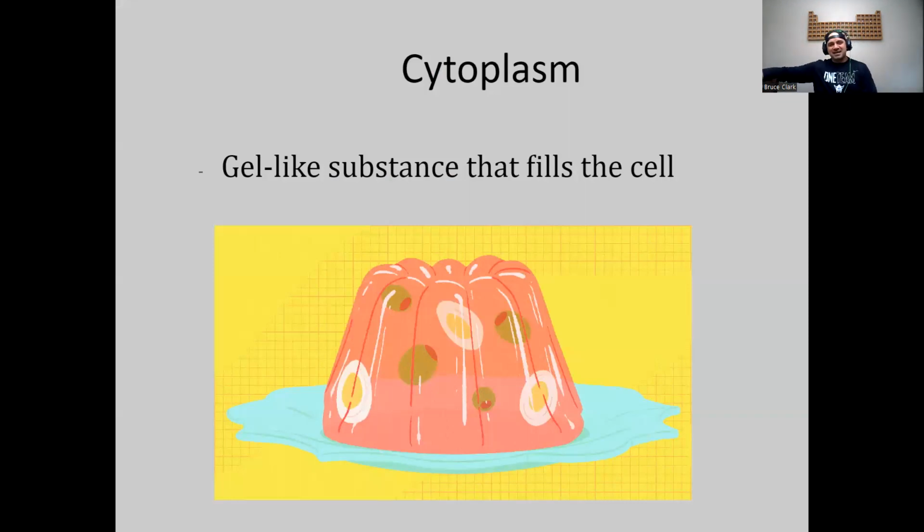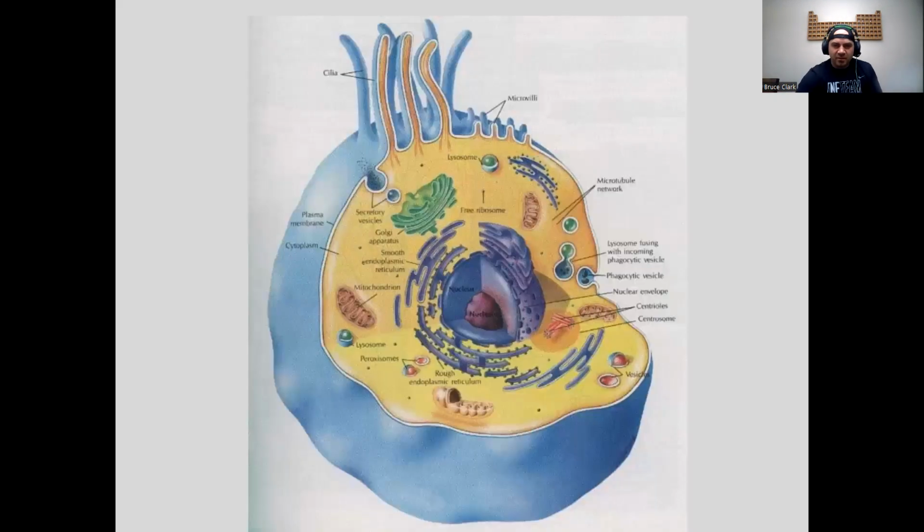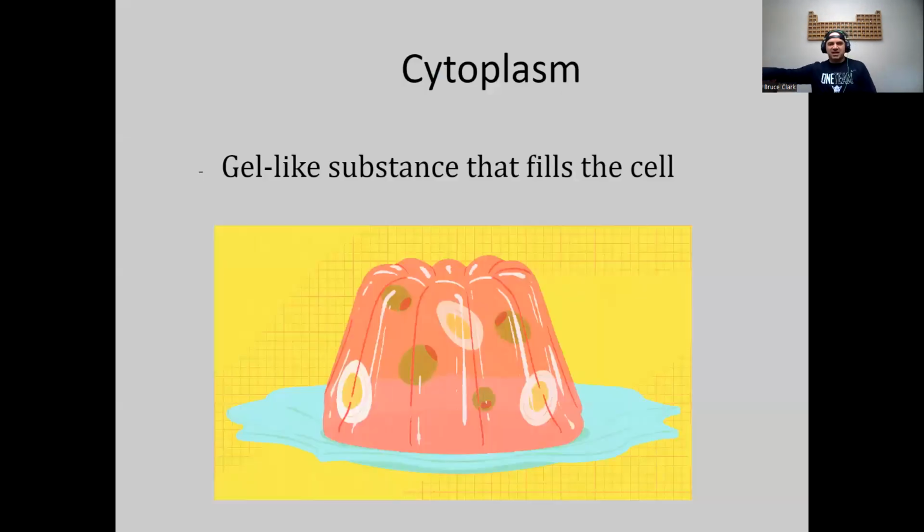Moving on, inside the cell. I have a picture there. In our picture here, all of that yellow is a gel-like substance that keeps everything suspended and holding in there, and that is your cytoplasm. I always think of it as like a Jello mold, like when you're at Thanksgiving and grandma brings out the Jello with the chunks of bananas in it or whatever.